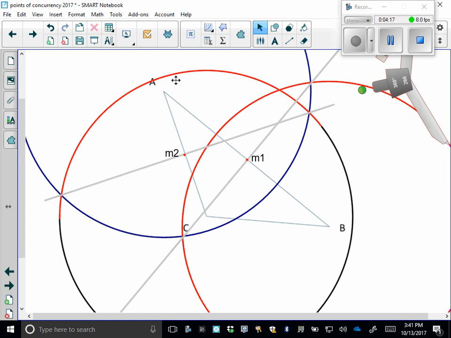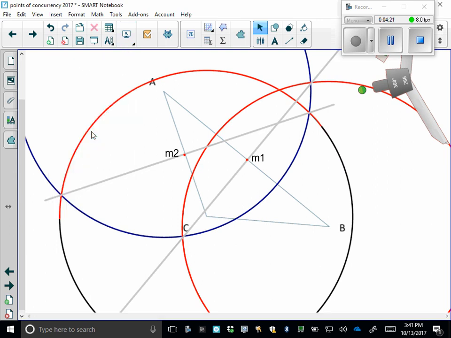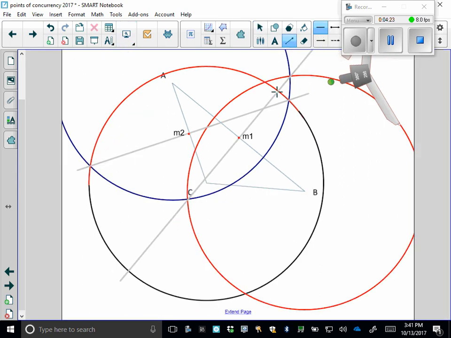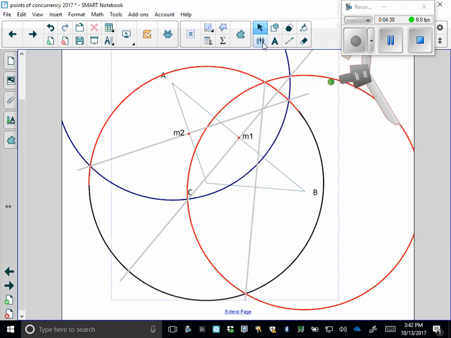So I have to zoom out a little bit and take my tool again. And go through there. I'm going to make it gray. And take my pen, mark the 3rd midpoint. Call it midpoint 3.